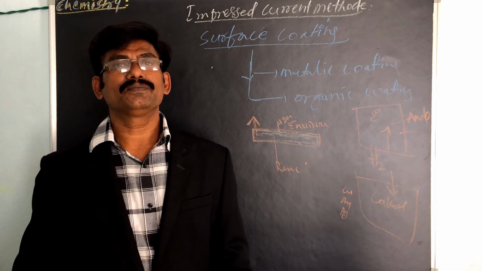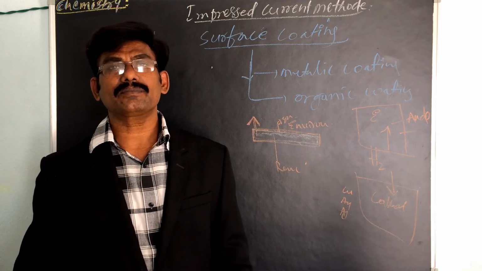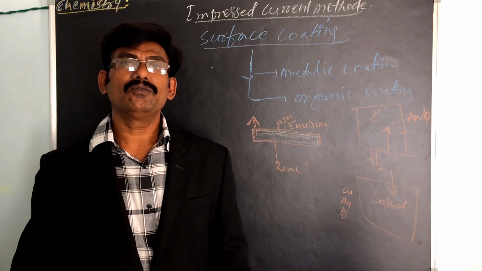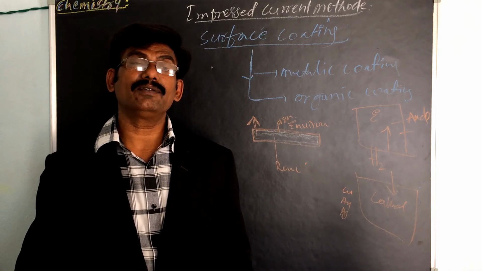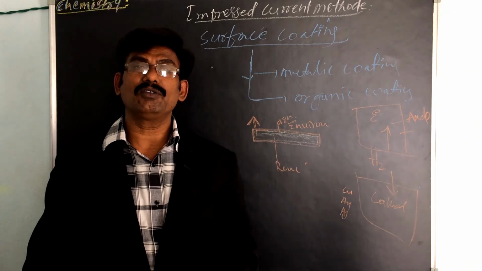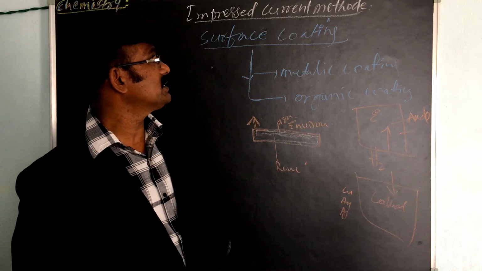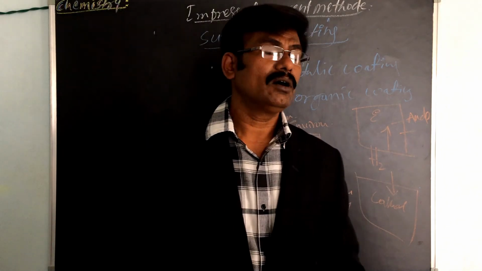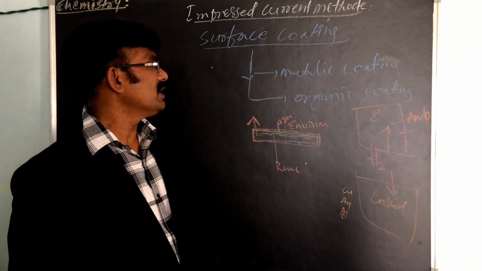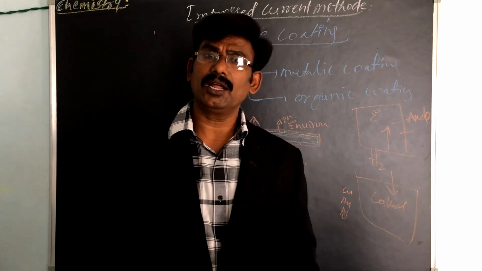So this is what we have discussed. Tomorrow we will discuss the application of some metallic coatings, which is important. Today we discussed the impressed current method and surface coating. In surface coating there are two types, metallic coating and organic coating.